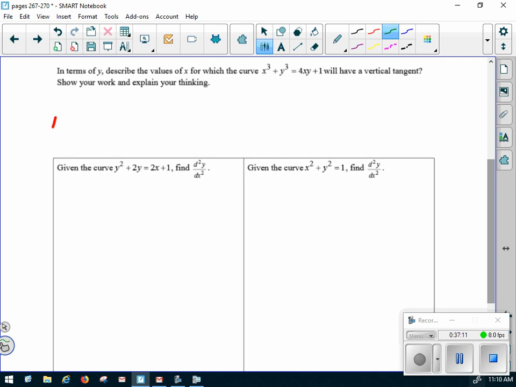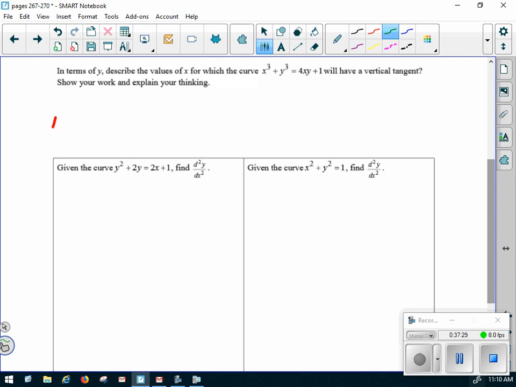In terms of y, describe the values of x for which that curve will have a vertical tangent. How can you have a vertical line? Undefined what? Undefined slope.